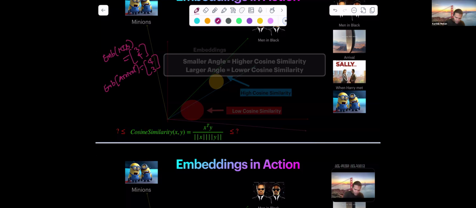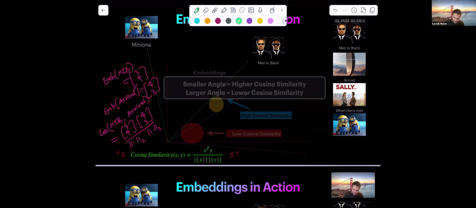So suppose I had to compute cosine similarity between Men in Black and Arrival. What would I do? I would take the dot product between these two, 3, 4 dot 4, 3, and divide it by the norm of each of these, right? So what do we get here? What's the dot product of these two? What's the numerator?